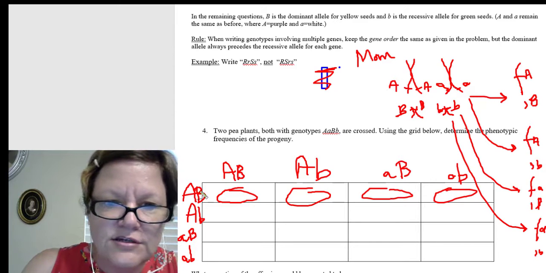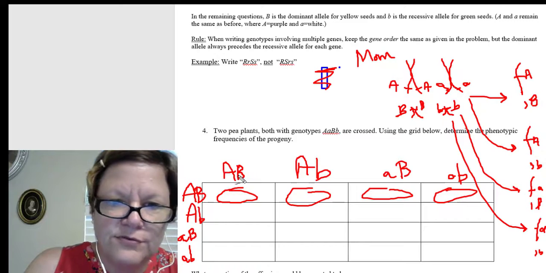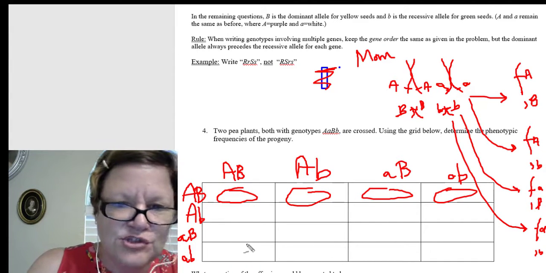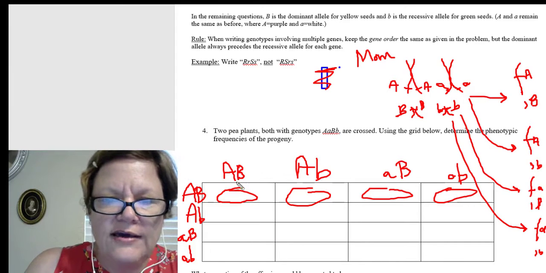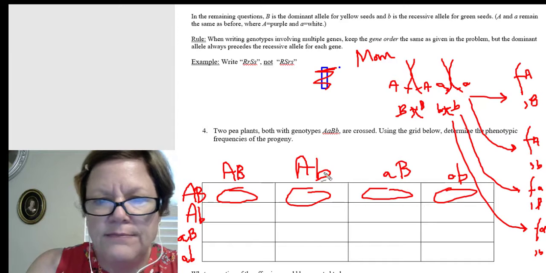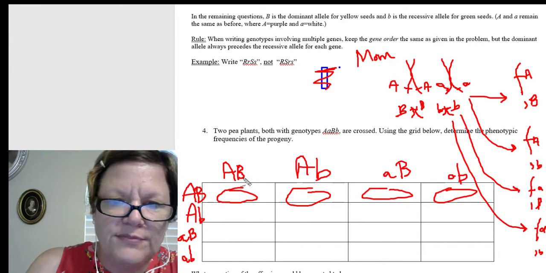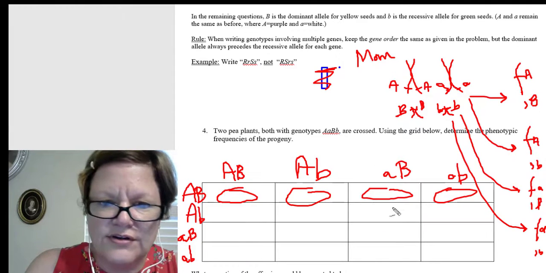Now what's typical is that you put, since I listed A before B, put the A's before the B's when you fill in this grid. It's just visually easier to look at. And when you have, say, a big B and a little b, you put the big B before the little b. All right.